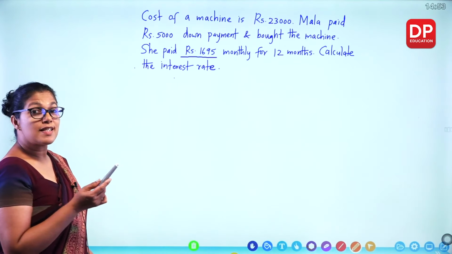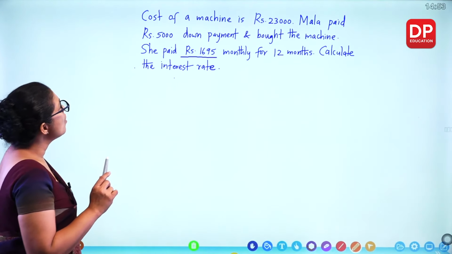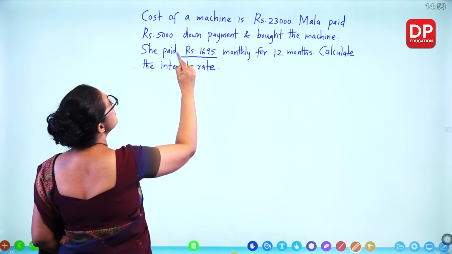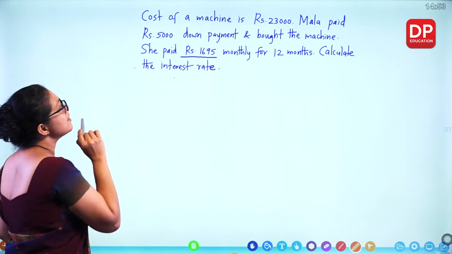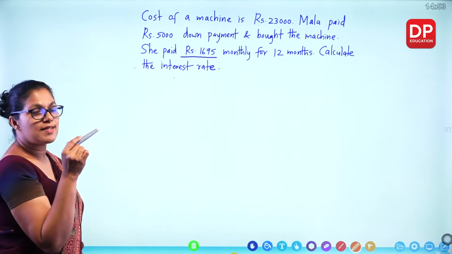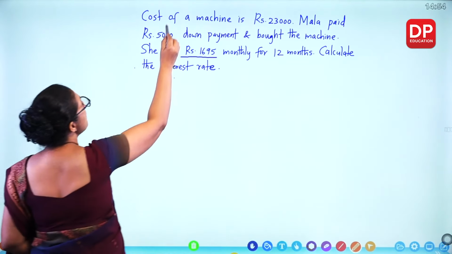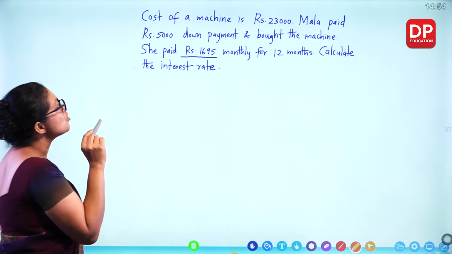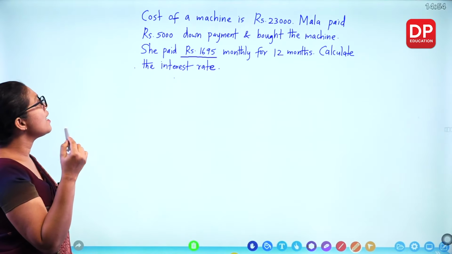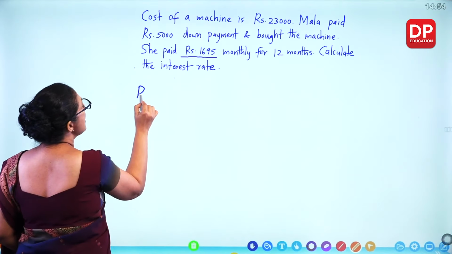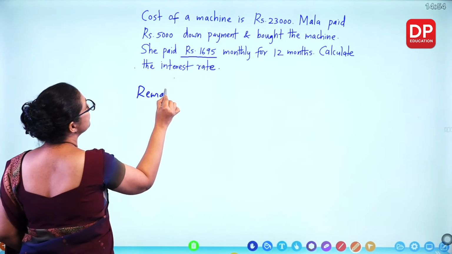So this question is the same as before, but now you are asked to calculate the interest rate, and the installment with the interest is given, 1,695. So what's the first step? The machine cost 23,000, Mala paid 5,000. So first you have to calculate the remaining balance.